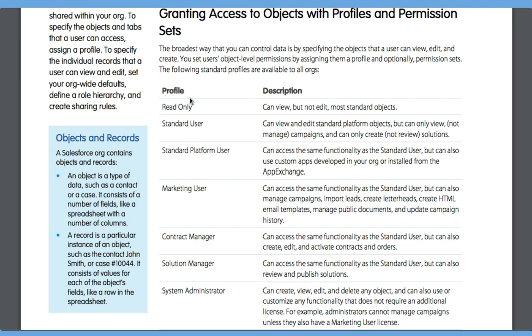However, in another role, you may only be able to view certain objects, right? And so this is what I'm talking about. Your profile impacts what you can do with the object. All right, so if you have read-only permissions, you can only view but not do anything else. If you're a standard user, you can view and edit standard platform objects, but can only view and not manage campaigns, right?